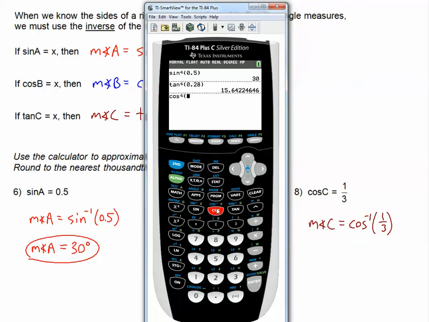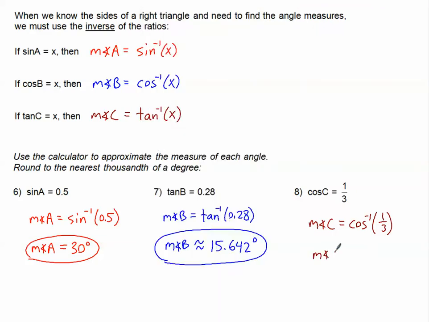So inverse cosine, I'll put in my 1/3, close my parentheses, and I've got 70.528, but there's a 7 next to that 8, so the 8 goes up to a 9. 70.529. The measure of angle C is approximately 70.529 degrees. So that's how you can use your calculator to find your degrees.